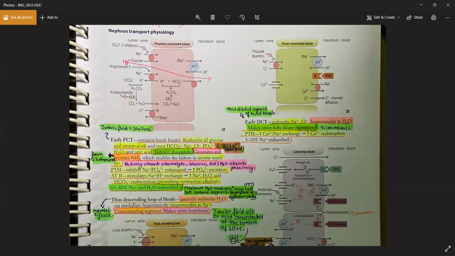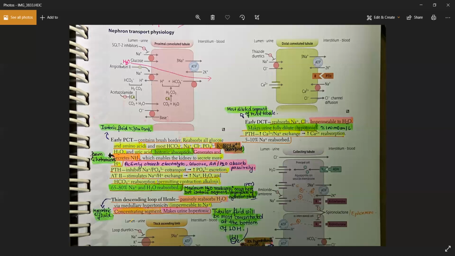Now, does anyone know what is the concentration of all this fluid which is present in the lumen of this PCT? I mean, is it isotonic, hypertonic, or hypotonic? Okay, so this fluid is always isotonic whenever it enters the PCT, because it is filtered via GFR.